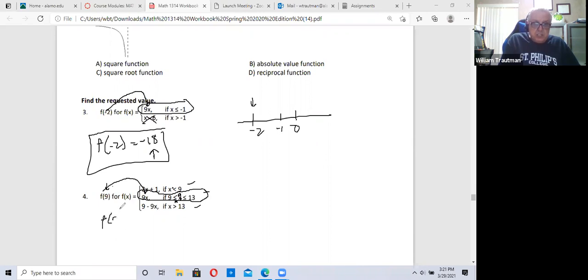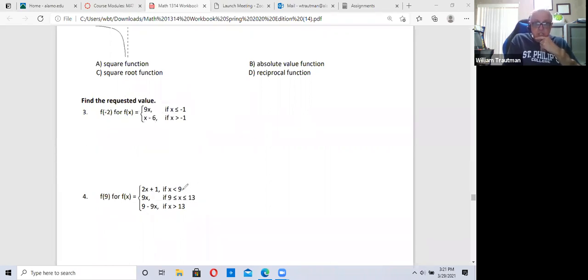So the answer when x is 9 is 81. And those are called piecewise functions. It will only fit into one of those functions. This tells you which one to use, and you can only use one.